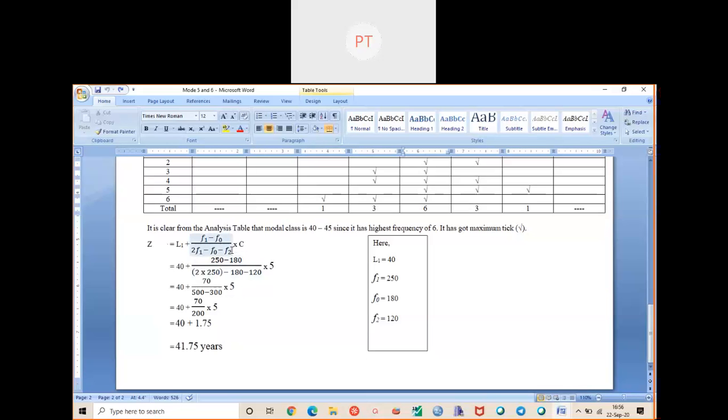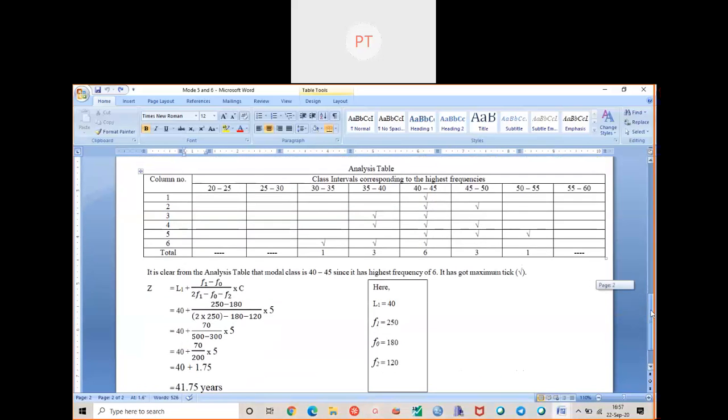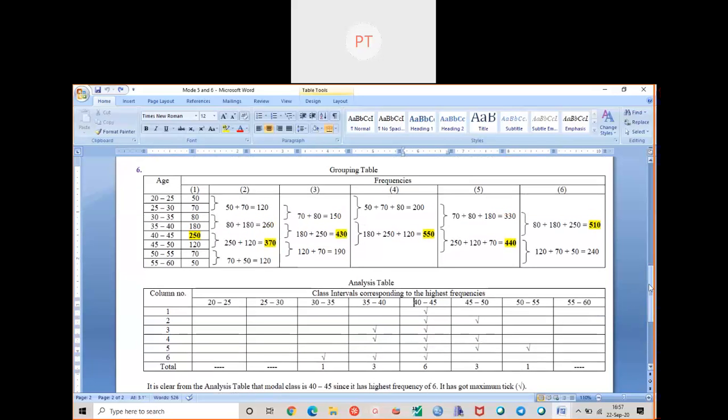So what is this? F1 is the normal frequency. L1 is the lower limit. Which class has the highest frequency? This class, 40 to 45, has the maximum frequency, so L1 is 40.